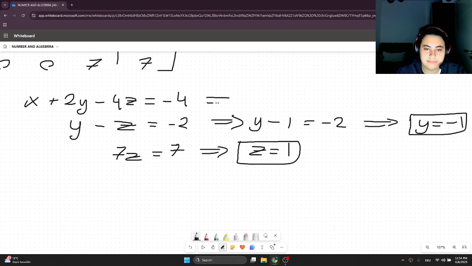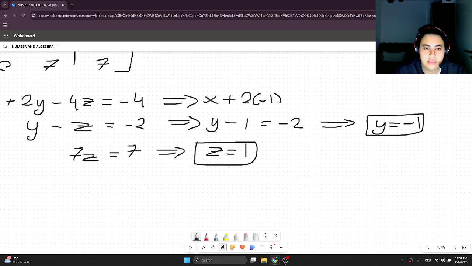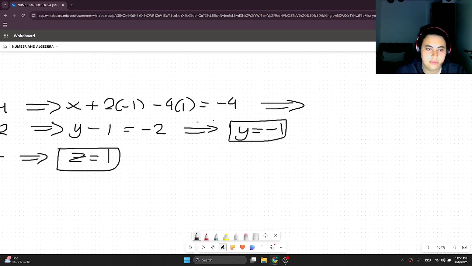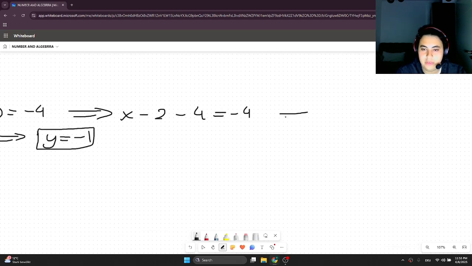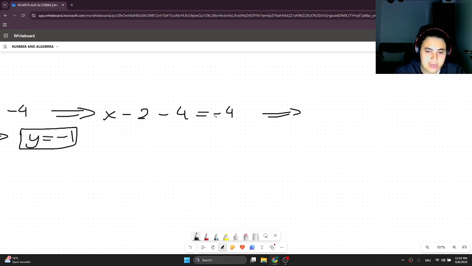Now the third solution, we have x plus 2 times negative 1 minus 4 times 1 is equal to negative 4, right? So what is this going to equal? We have x minus 2 minus 4 is equal to negative 4. We're going to add 2, that's negative 2. Add 4, that's 2.